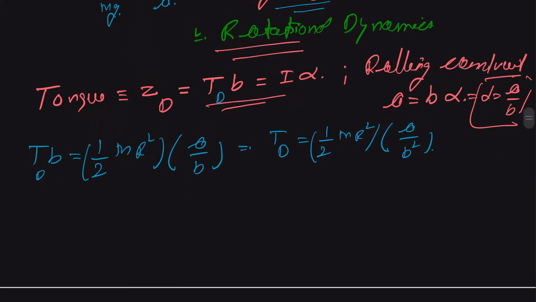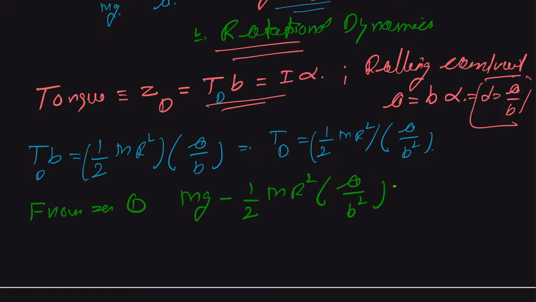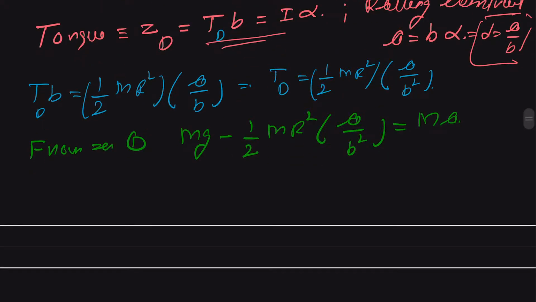So from equation 1, we get mg minus half m r square times a upon b square is equal to m multiplied by a, and we can combine these a terms.